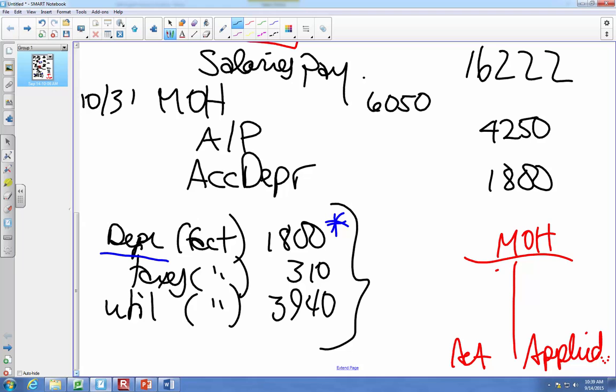I want you to set up your manufacturing overhead account and plug in the numbers that we have on the debit side so far. In other words, post them from your journal entries to the T account. You can do it wherever you want. We're going to post into our manufacturing overhead account.